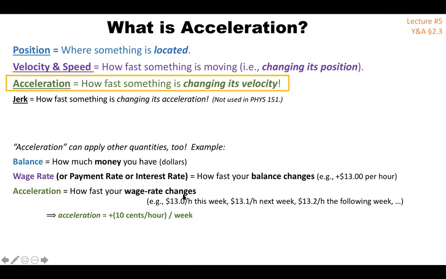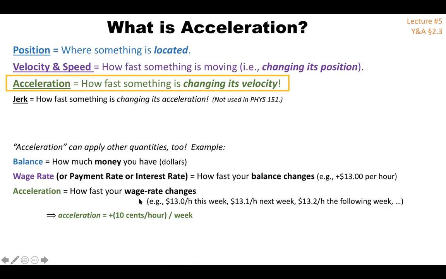What if your wage rate or interest rate or payment rate or whatever it might be, if it's an accumulation or a deduction, what if that were to change over time? So what if you had some interesting incentive structure where this week you're being paid $13 an hour, but next week, if you maintain satisfactory performance, next week you earn $13.10 an hour, and then the following week you earn $13.20 an hour.